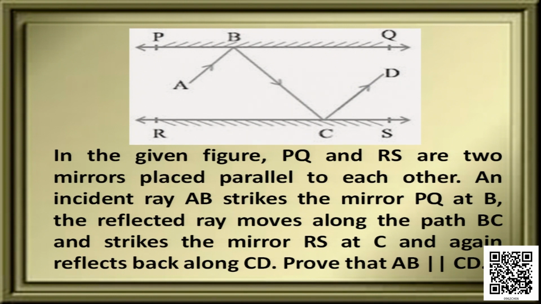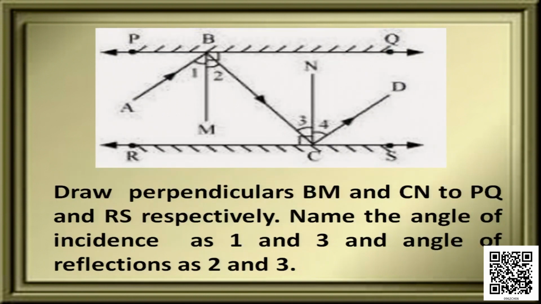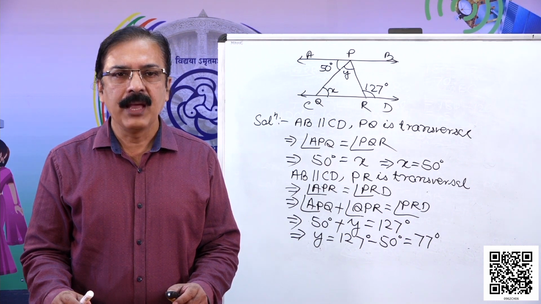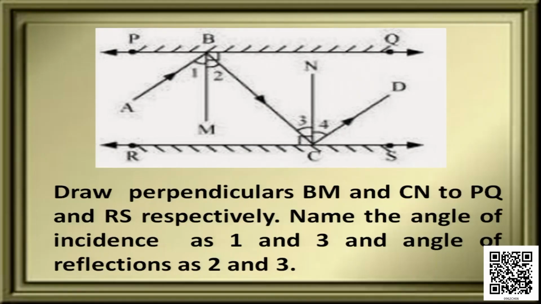In that case, we have a figure like this. Let's draw two normals or perpendiculars BM and CN at PQ and RS respectively. And in such a case, angle ABM is the angle of incidence and MBC is the angle of reflection, and these two are equal.